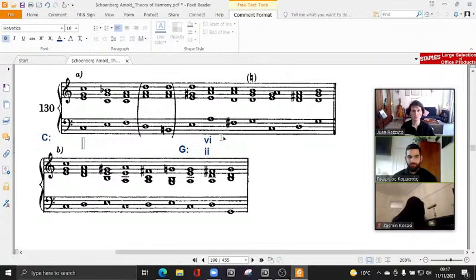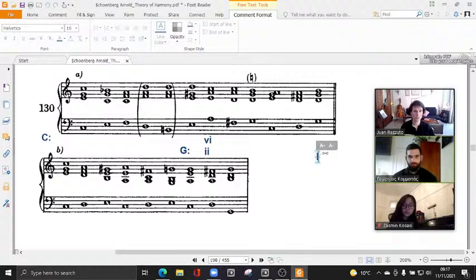So C is going to be here, and then the G is going to be here. Now that you know that one is G, we put G. Sorry, I'm experiencing some problems with the technology here. There you go. Perfect.